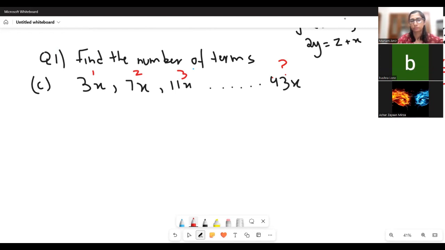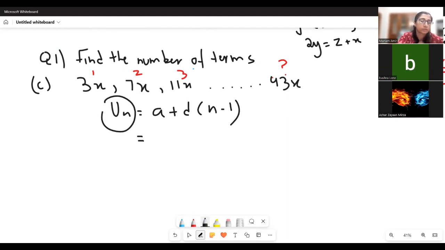I'll put it in the nth term formula. Yes, which is un equals a plus d bracket n minus 1. Substitute. 43x equals 3x plus... d is not 4, it's 4x.